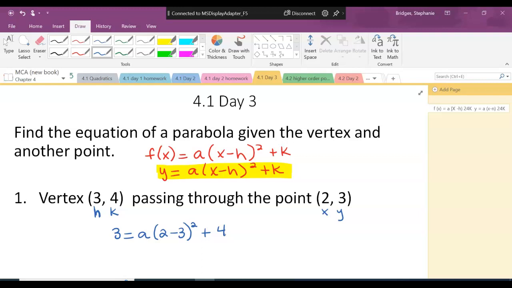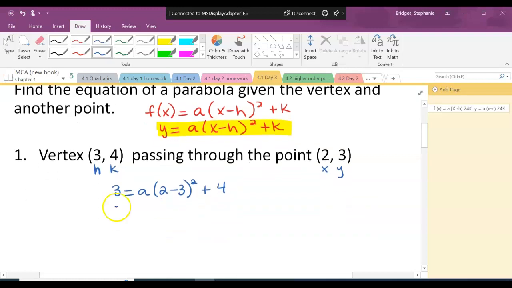Think about order of operations, what has to come first? Parentheses. So let's work inside of our parentheses first. What's 2 minus 3? Negative 1. And then what comes after parentheses? Exponents, right? What's negative 1 squared? 1.